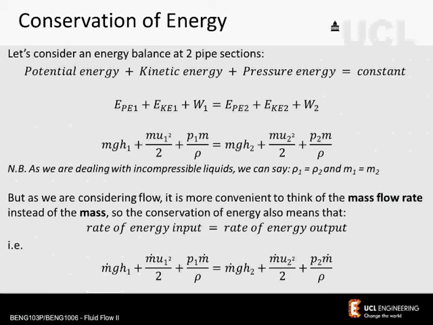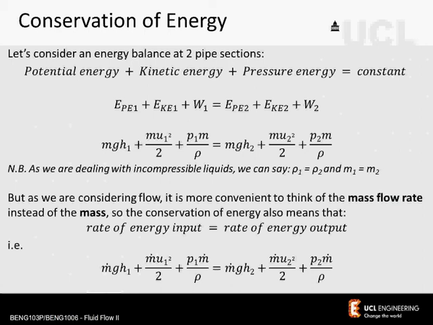Now we can substitute the equations that we showed on the previous slide into that equation, and that gives us what is approaching the form of the Bernoulli equation. So the mass multiplied by gravity multiplied by height at point 1, plus the mass multiplied by velocity squared at point 1 over 2, plus the pressure at point 1 multiplied by the mass divided by the density, is all equal to the potential, kinetic and pressure energies at point 2.